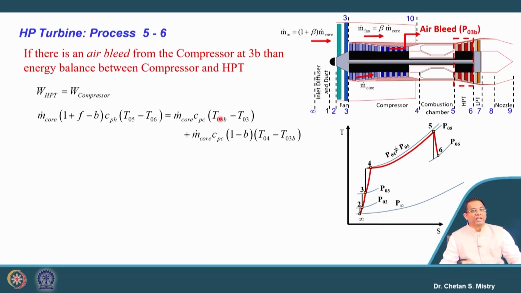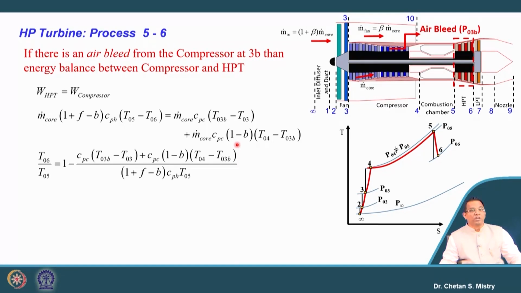Same way in the case of the compressor, since we are extracting the air at some location T03B. So, write it carefully. In this case, the formulation after T03B will be with 1 minus B. So, do not get confused.